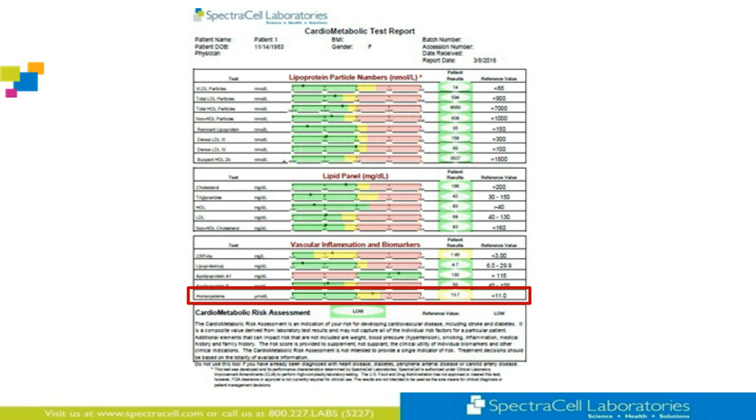On the cardiometabolic test, homocysteine is evaluated, and when I see it higher than 8.5, I begin to worry as to what is happening in the body to inhibit the metabolism versus what is lacking. What are we missing that the methionine pathway or the transsulfuration pathway requires in order for homocysteine to be broken down appropriately?